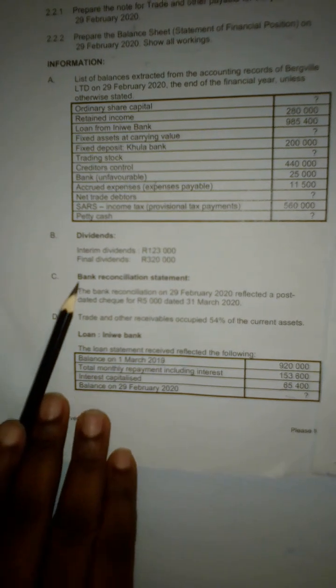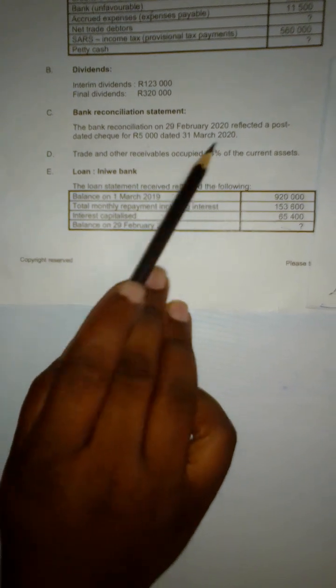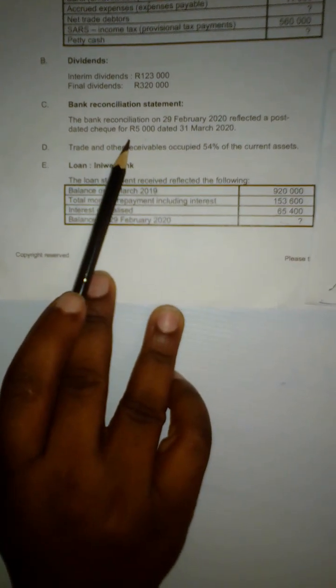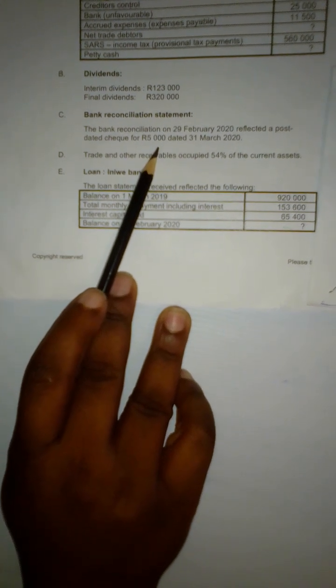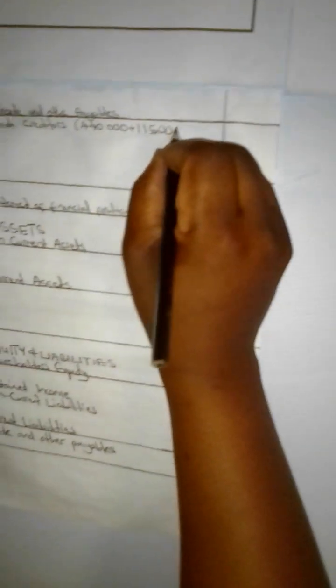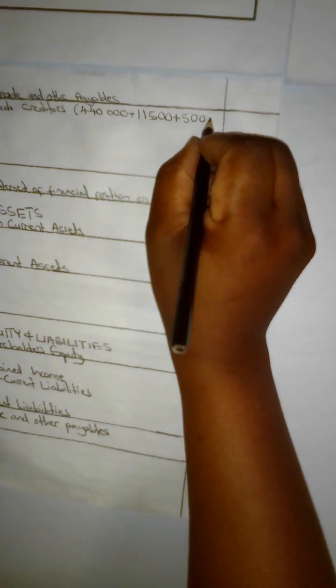Okay, we go on to the other adjustments. Let's move on to C. The bank reconciliation statement on 29 February 2020 reflected a post-dated check for 5,000. If something is post-dated, it means the money has not yet been taken, is it? So this can also still be part of our trade creditors. So it's 5,000.